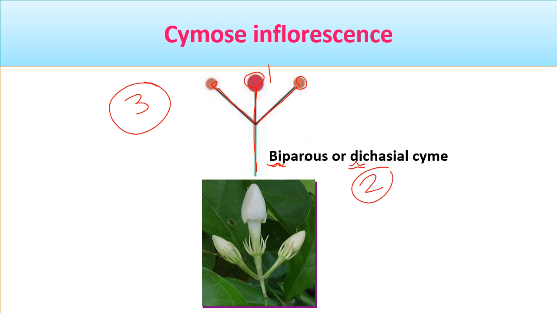This is one, this is second, and this is second. Why have I written this 1 and 2? Because this is the main, oldest, and the two lateral ones are of the same age, they are two in number, hence it is biparous. Here you can see an actual example. This is the oldest, and here you can see two small young buds.